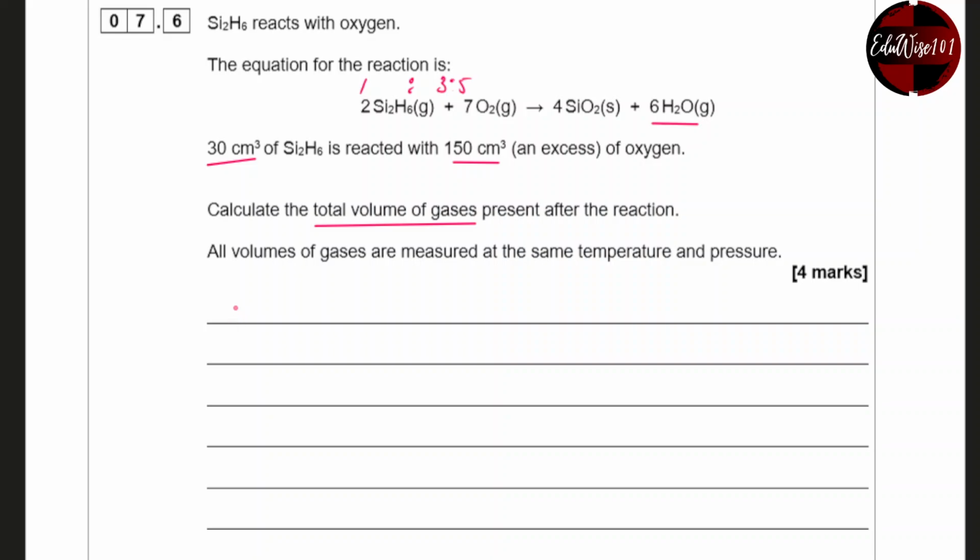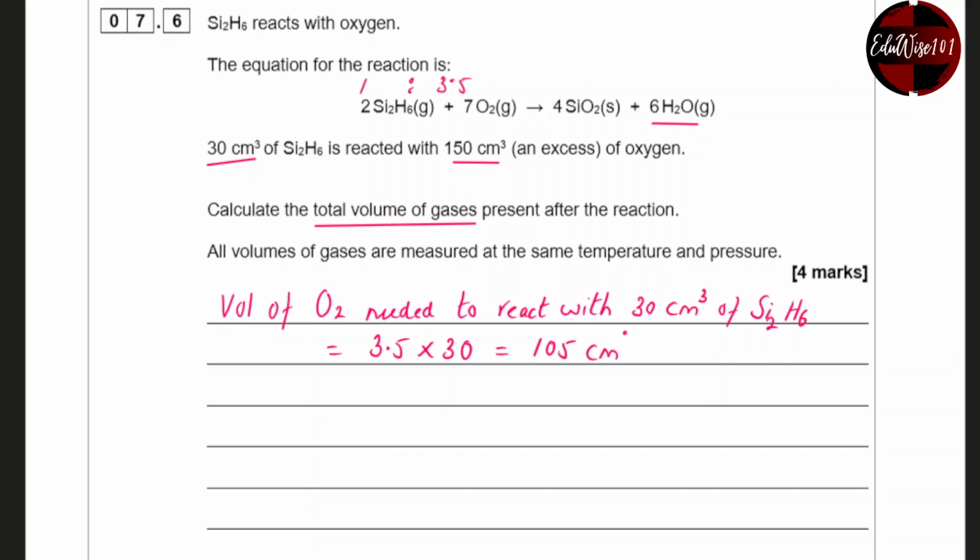The volume of oxygen needed to react with 30 centimeter cube of Si2H6 is equal to 3.5 times 30, that is 105 centimeter cube.